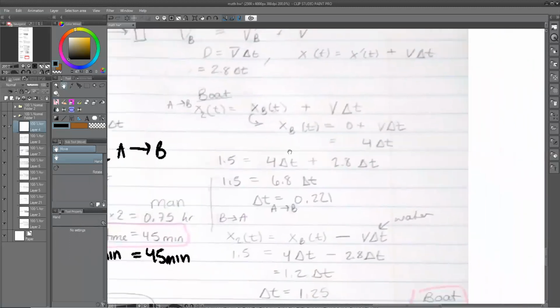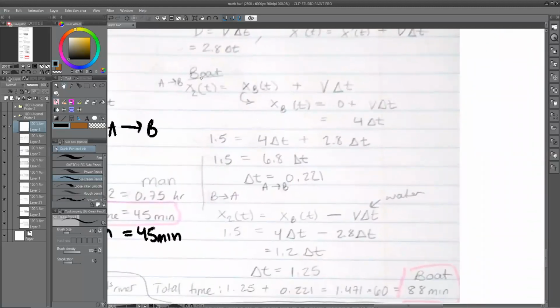So now we're going to do the boat. The boat's math is over here. This is where the boat's math starts. So for the boat, I first do A to B, right? I first go straight through from A to B. So the velocity of the boat is a little bit more complicated because it's also dealing with the river.